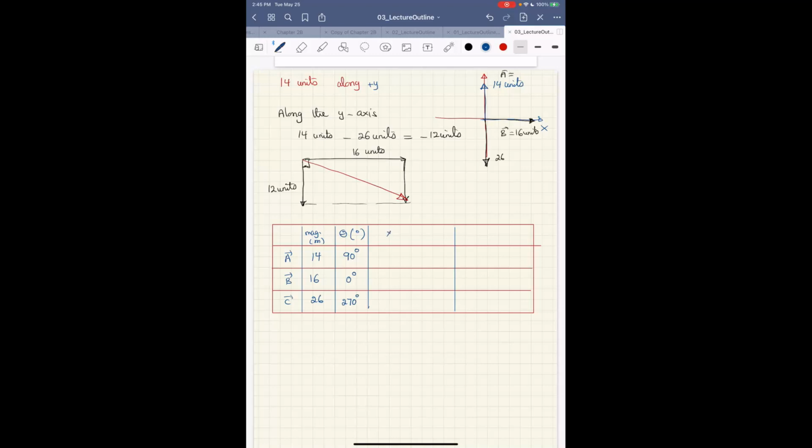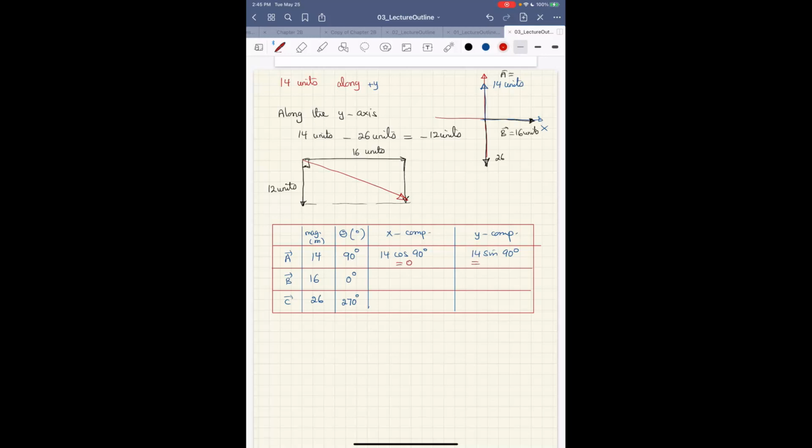And here I can say x component, y component. For A, the x component is going to be 14 cosine 90, and the y component 14 sine 90. I want you to remember that cosine 90 is 0, then this is going to give you 0.